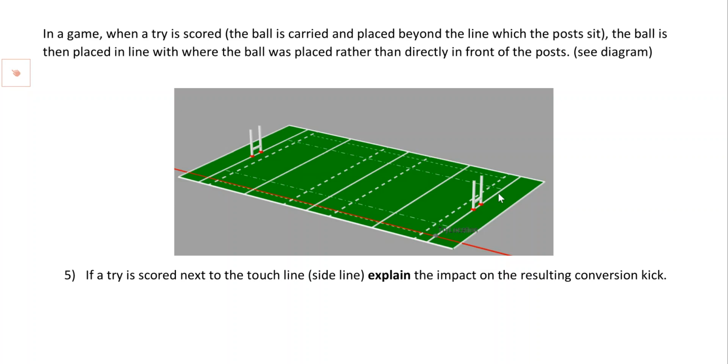Aidan? I also said that it would make it harder to convert because the angle of the post would be different. Yeah. So a couple of people mentioned the angle. So if you look at the posts from an angle, they actually become narrower, don't they? So it's like a smaller target. So yeah, mentioning that. Anything else?